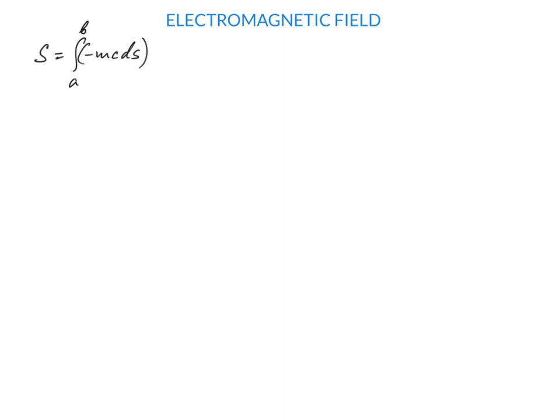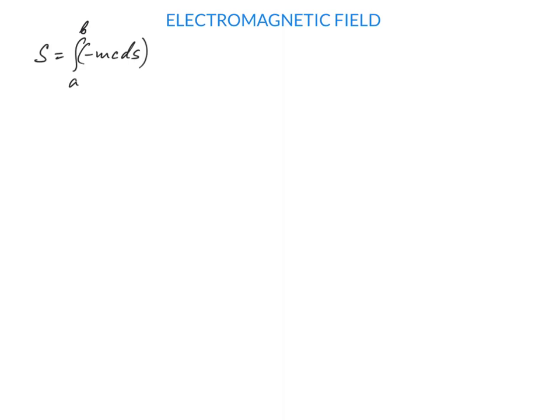We would like to start with the action and figure out what we should add to this relativistic action so that we can obtain the Lorentz force acting on the particle. So let's try to invent it from scratch.